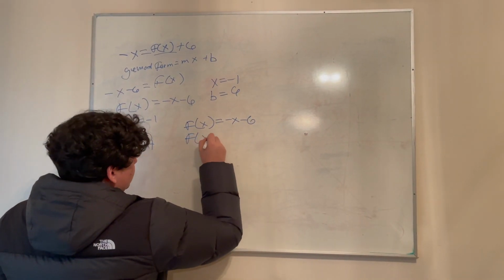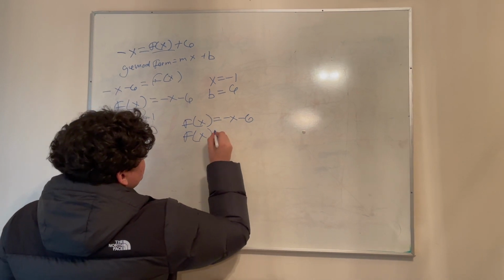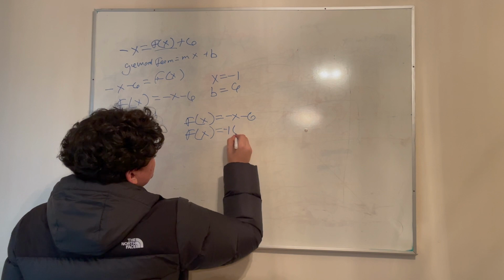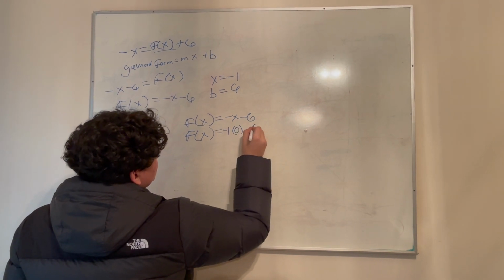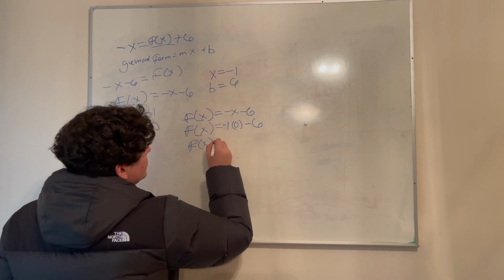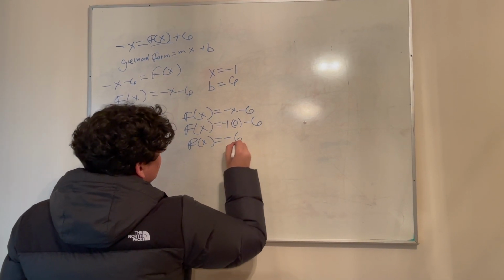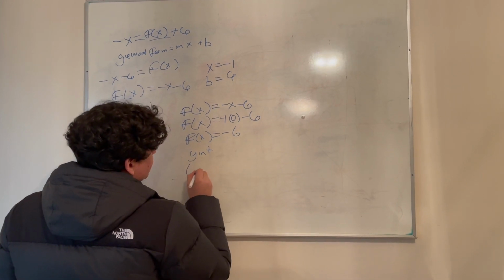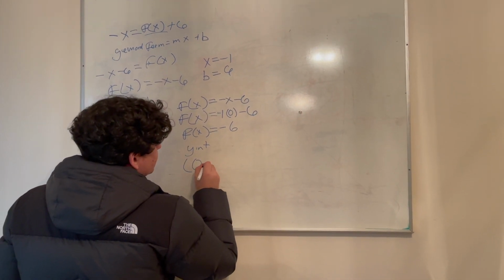We need to change our variables with 0, and we will be getting the y-intercept. We just need to write it in coordinates.